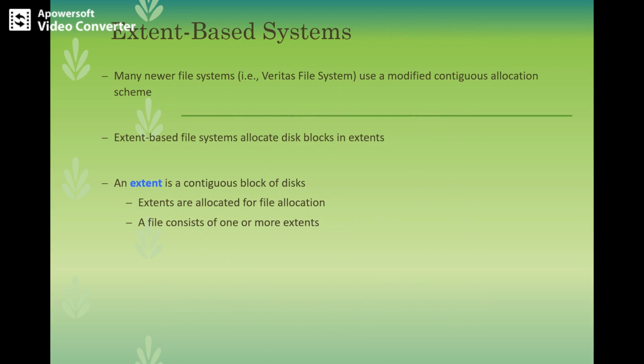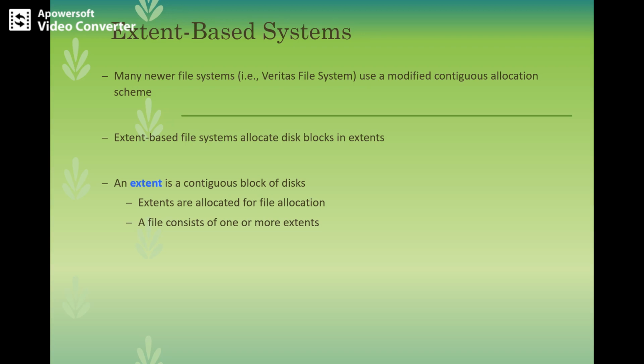Next is the extent based system. So what is this extent based system? Some operating systems use a modified contiguous allocation scheme in which a contiguous chunk of space is allocated initially, and then when that amount is not large enough, another chunk of contiguous space, which is called an extent, is added to the initial one.